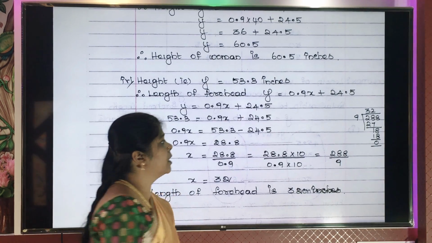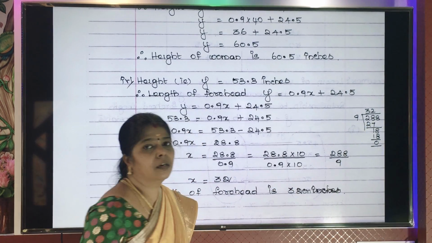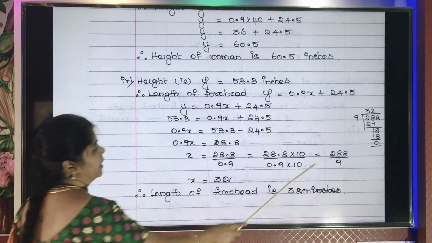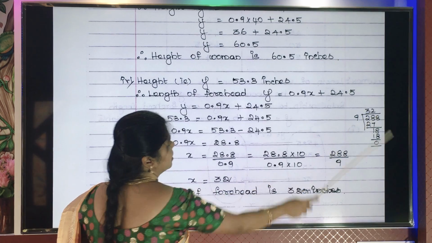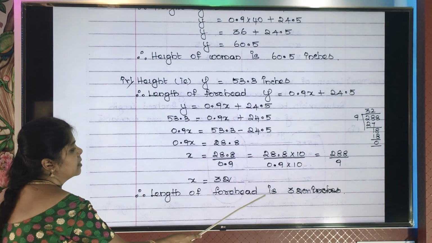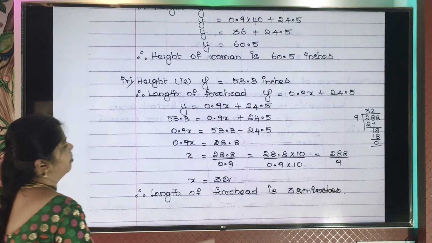For your convenience, I have shown the division at the right hand end. 288 divided by 9, the answer is 32. So the length of the forehand is 32 centimeter.